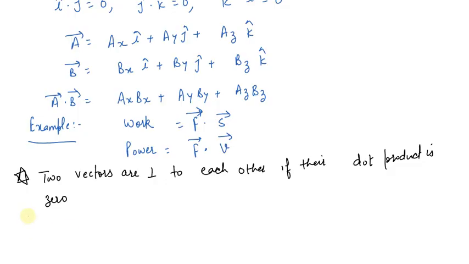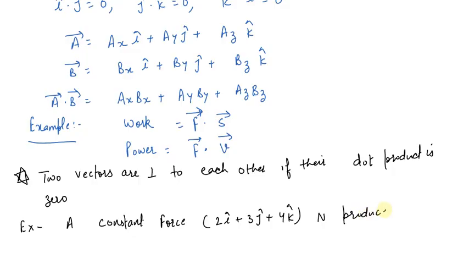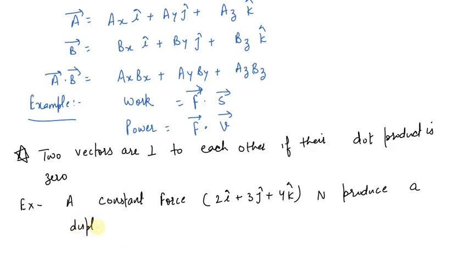Let me take an example of dot product. A constant force 2i plus 3j plus 4k Newton produces a displacement of 2i plus 3j plus 4k meter.